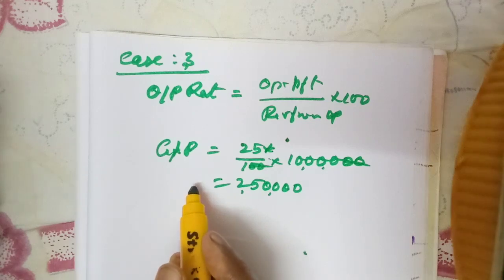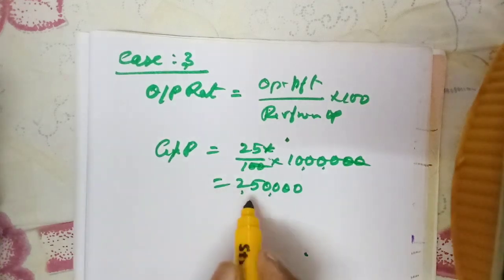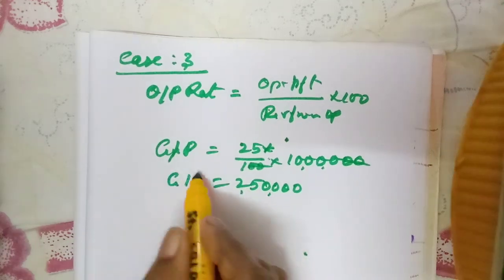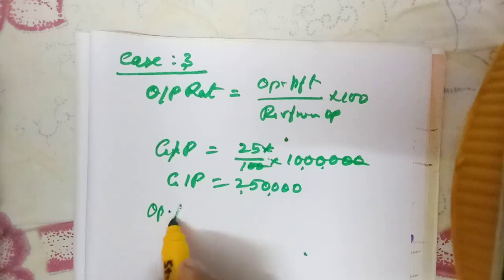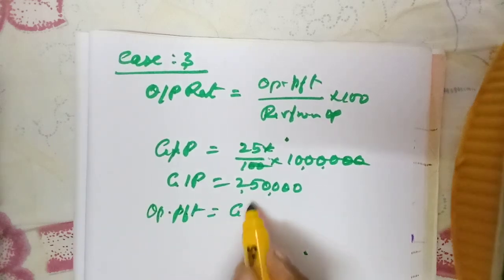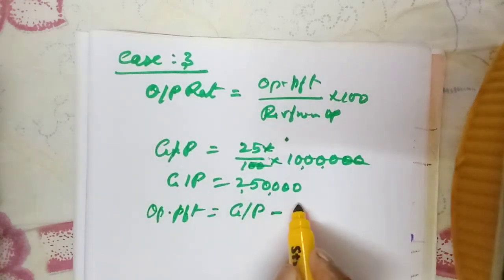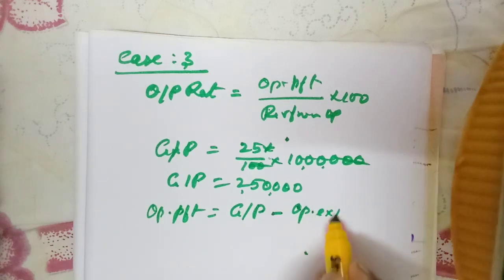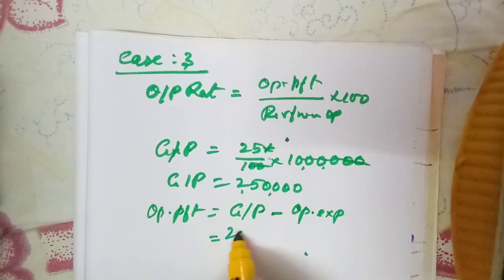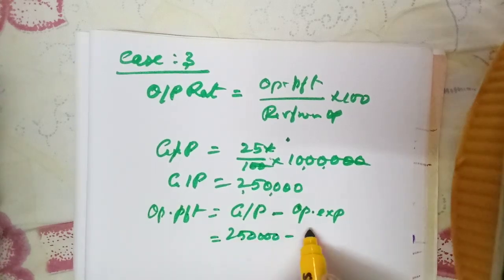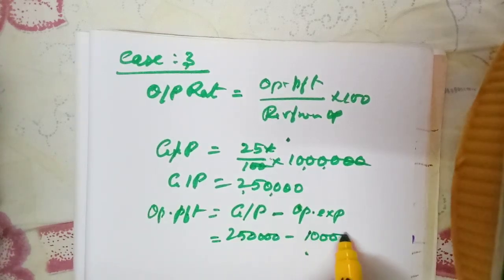So we need to calculate the operating profit. Operating profit is equal to gross profit minus operating expenses. We will get the operating profit. Gross profit is 2,50,000, operating expenses 1 lakh.